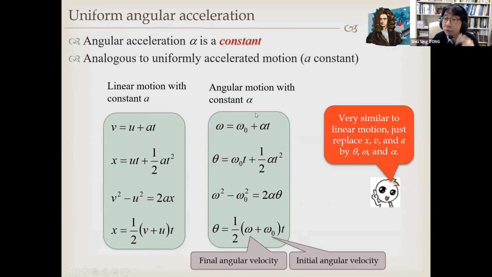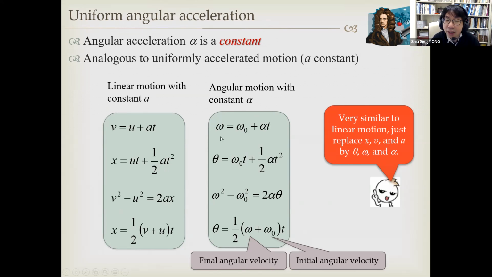Now you have the same thing for angular motion. You start with the angle theta, differentiate, you get omega. You differentiate twice, you get alpha. And if alpha is a constant, then you can integrate and get the equations for uniformly accelerated angular motion.